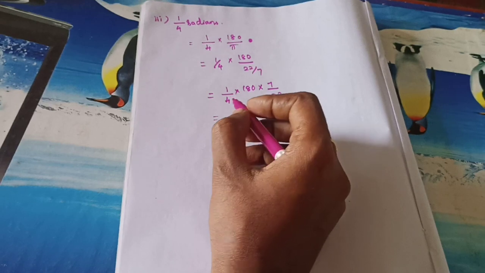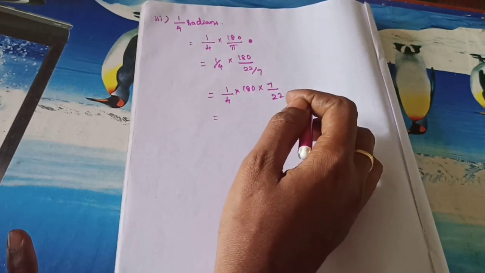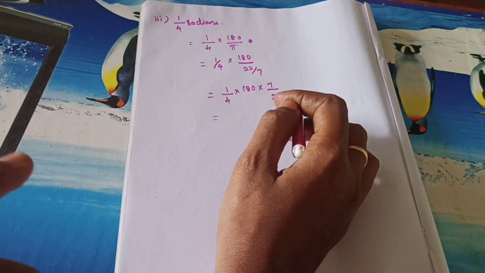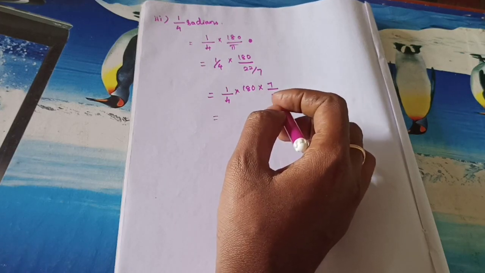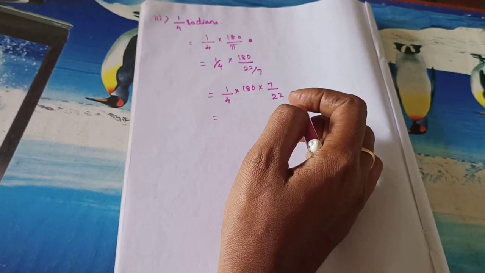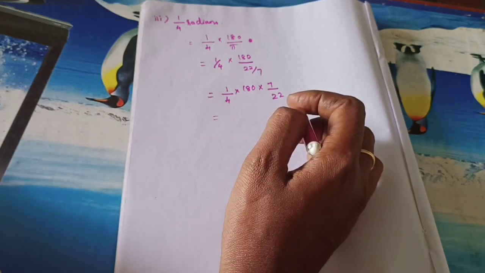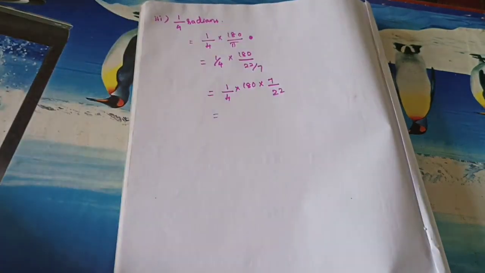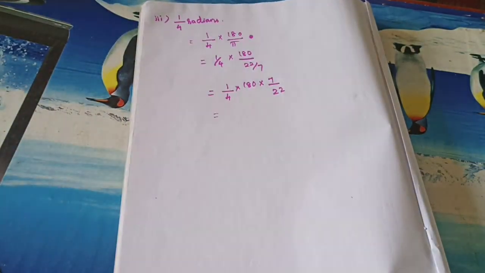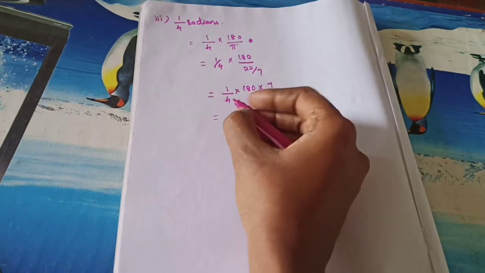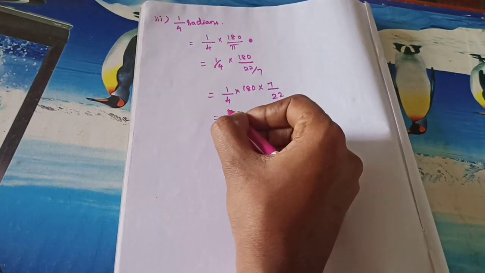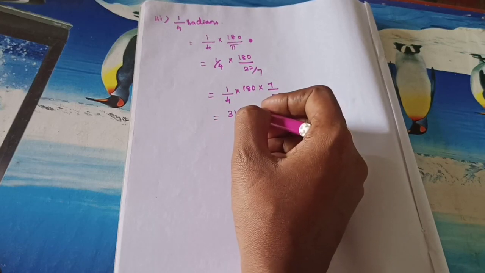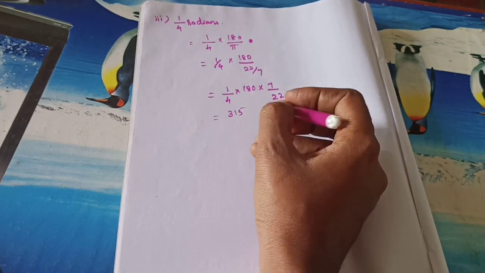If you can, just multiply and write down the answer. Otherwise you need to calculate as in your book, in degrees, minutes and seconds. First you can multiply and find out. If you multiply the numerator, I think you will get 315.